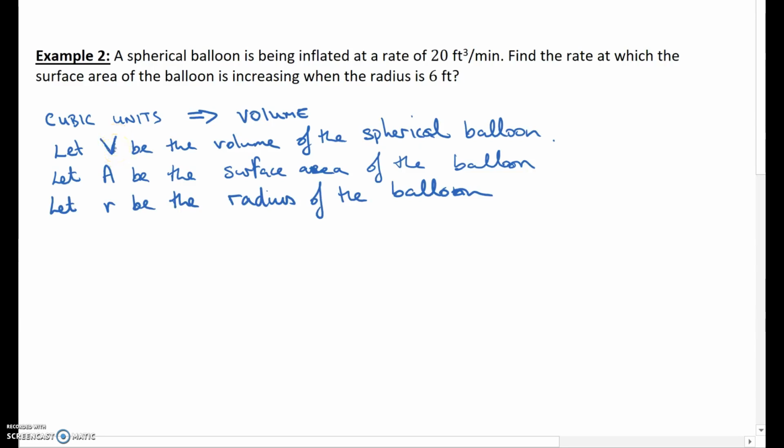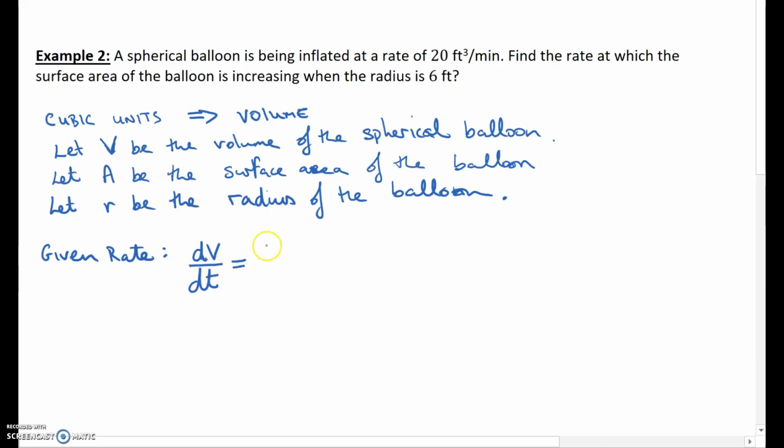Okay, so now we've got to write down the given information, the given rate, as a derivative. Well, if V stands for the volume, then the rate of change of the volume, how quickly it's changing, is dV/dt. Remember, d/dt tells you how quickly something is changing.